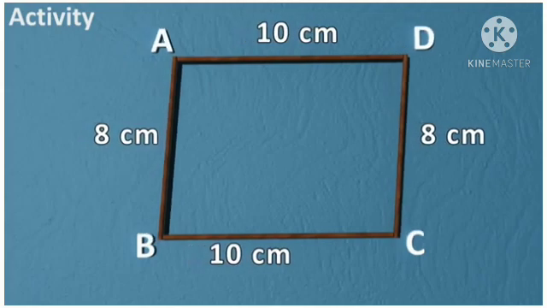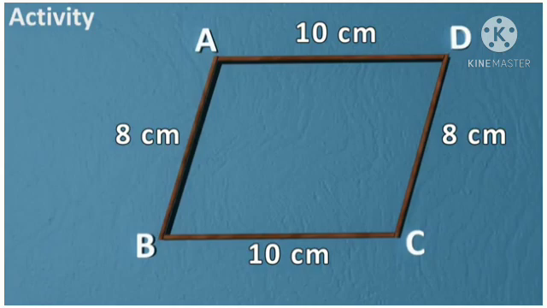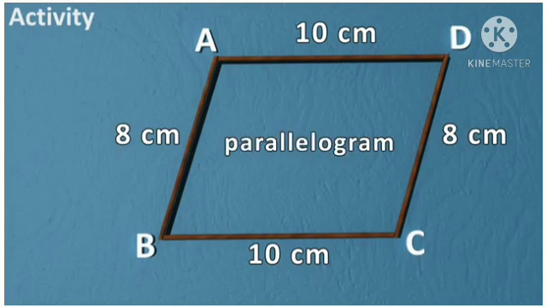Now, just push breadth AB of the rectangle. Is the new shape obtained still a rectangle? You will observe that the rectangle has now converted into parallelogram. We have obtained this without altering the length of the sticks and measurement of the sides.